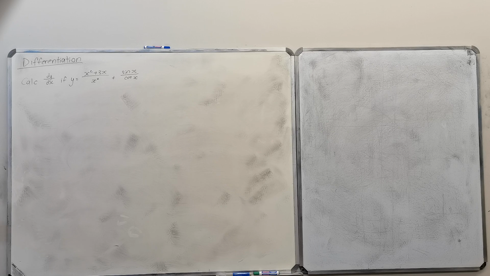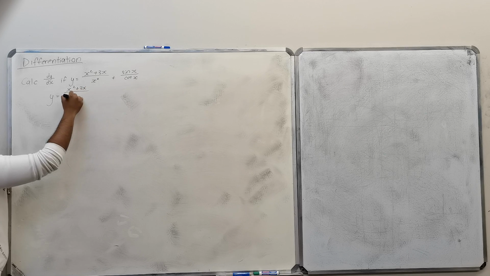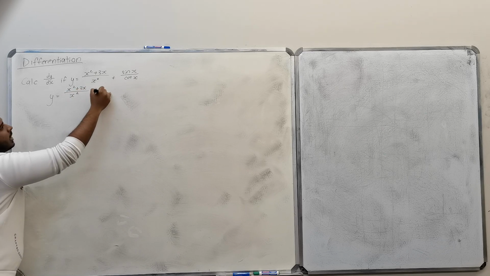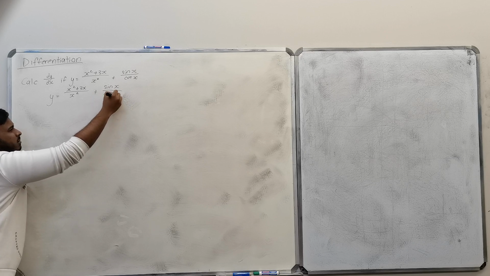They want dy over dx if y is equal to x squared plus 3x over x squared plus sine x over cos x. Let's do it, right? Write down your equation. y is equal to x squared plus 3x all over x squared plus sine x over cos x.